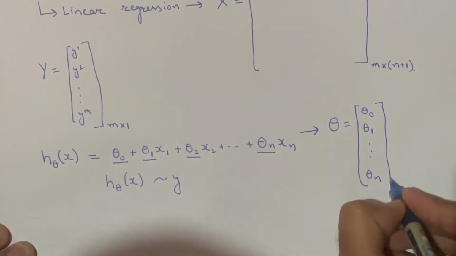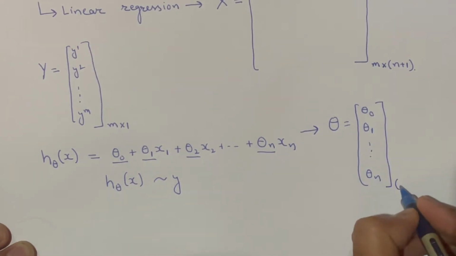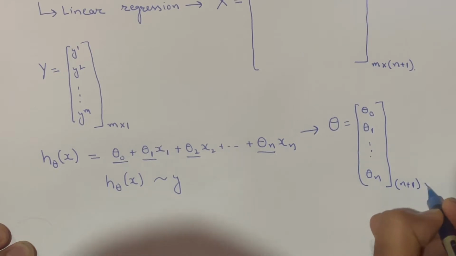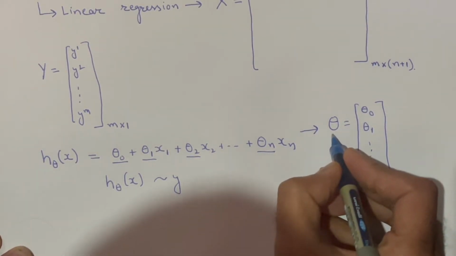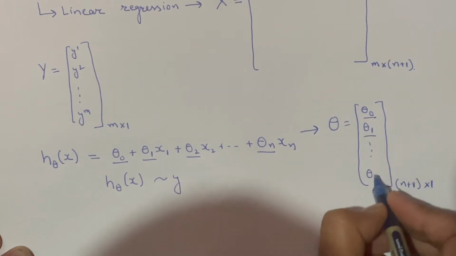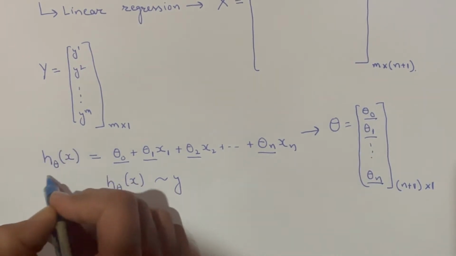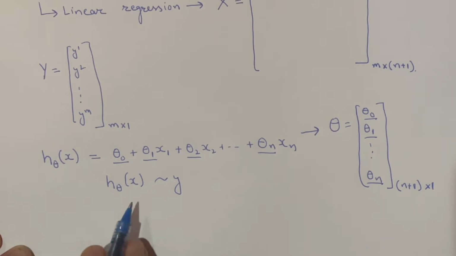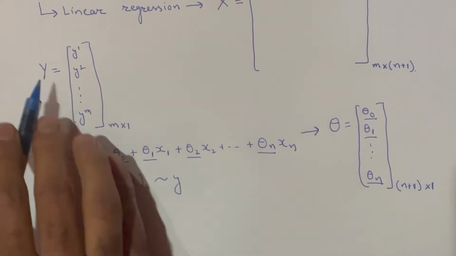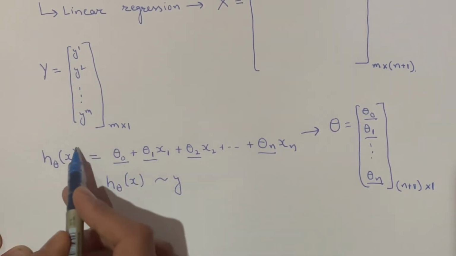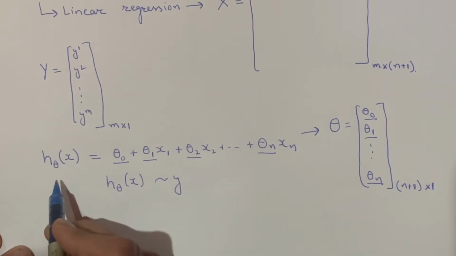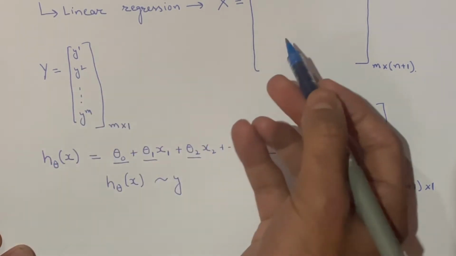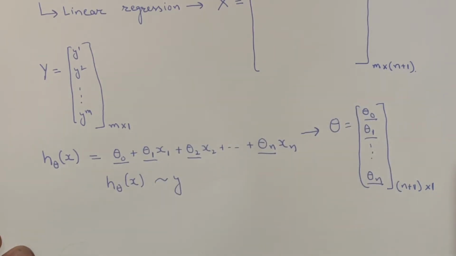So the size of this matrix is n plus 1 cross 1. Our aim is to find the value of these parameters to find one particular hypothesis function that matches the actual output. Then we will use this hypothesis function to predict on unknown data that is not known to us.